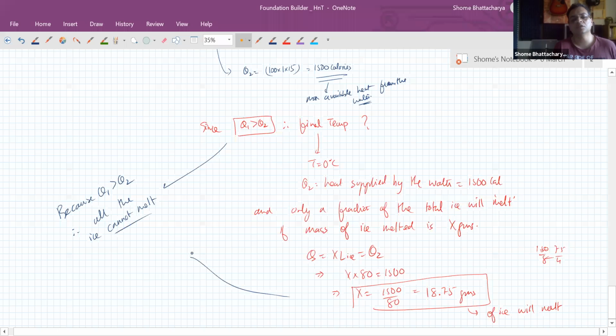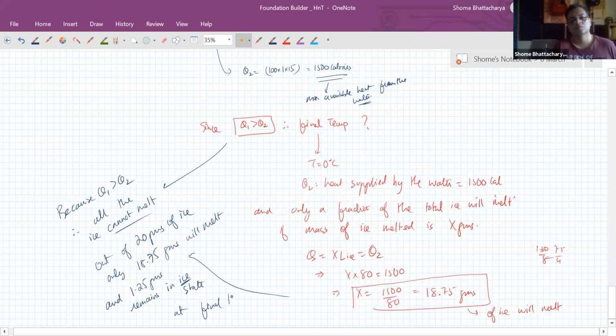And finally, this is showing us that out of 20 grams of ice, only 18.75 grams will melt, and 1.25 grams remains in ice state, okay, at the final temperature of 0 degrees.